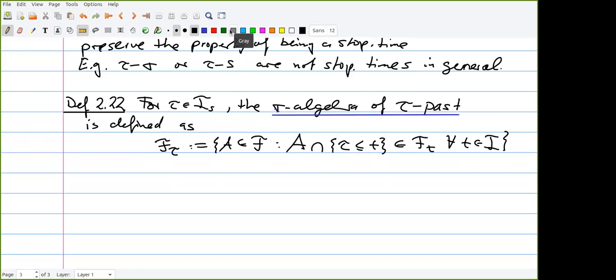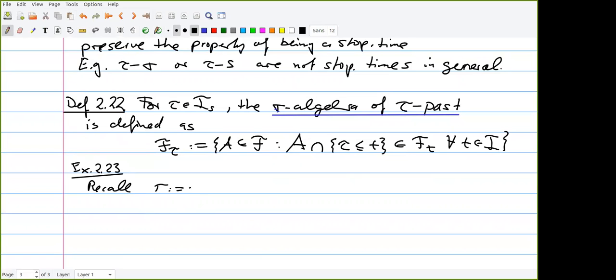Let me again come back to our guiding example, which is now 2.23. So let us recall our stopping time tau.